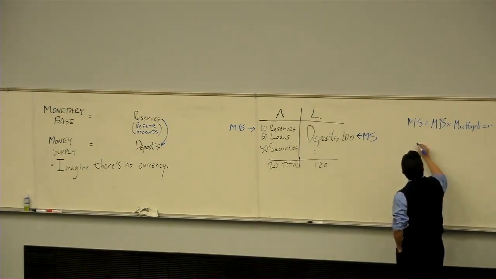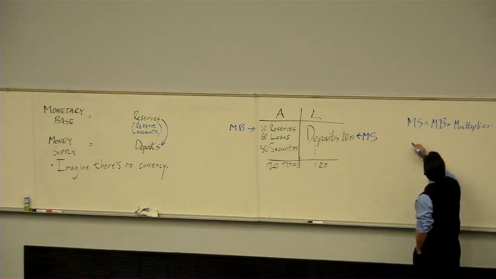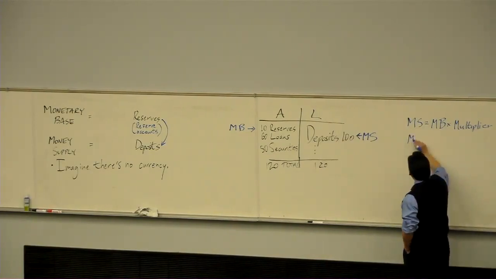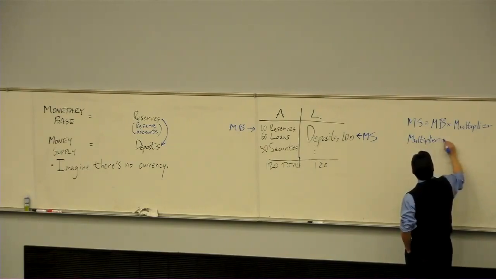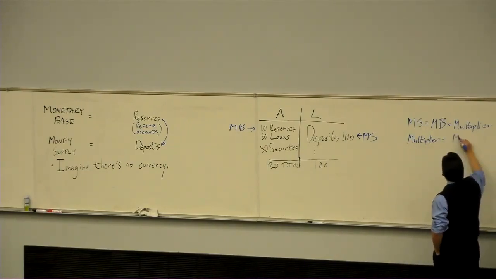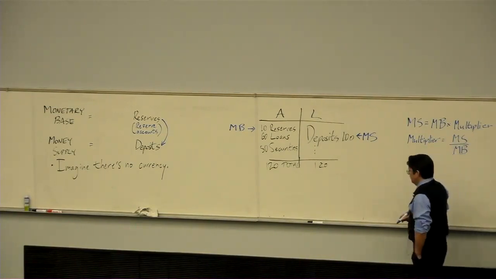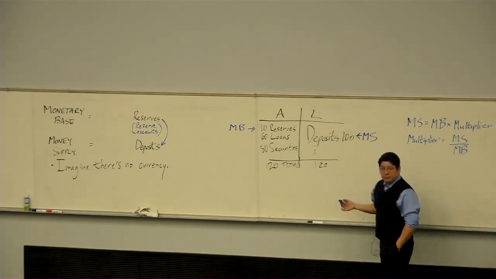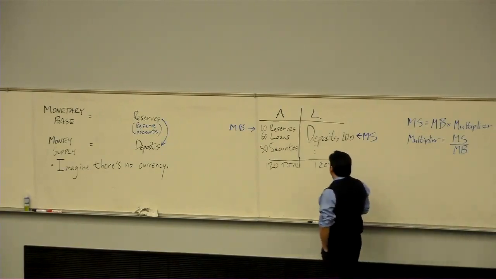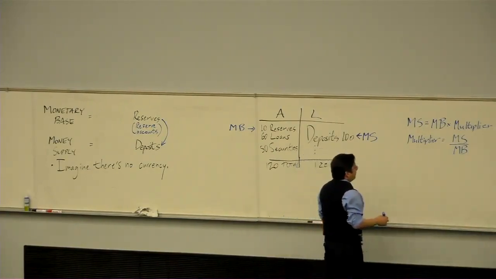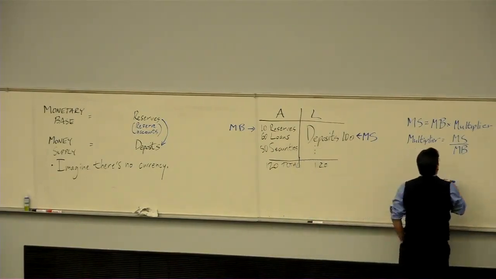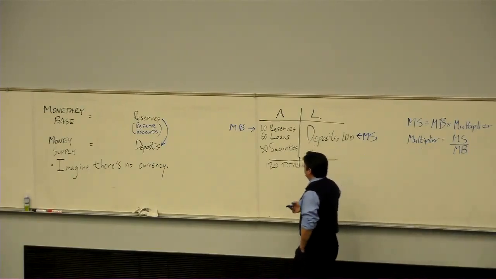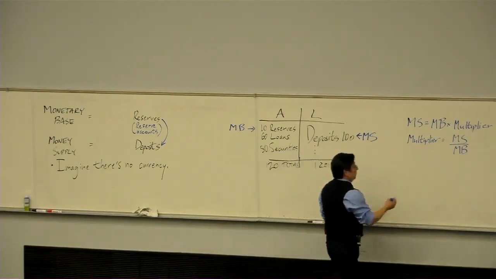How so? Well, if I divide both sides of this by the monetary base, I get that the multiplier is MS over MB, by definition. And so, in this world where there's no currency, we actually know that the money supply is the deposits.